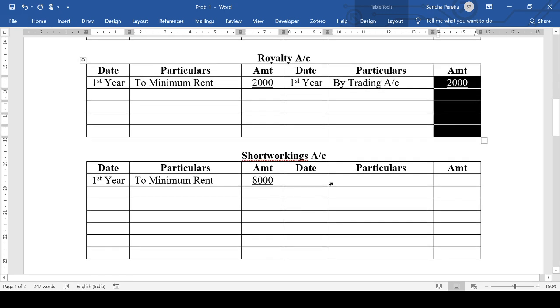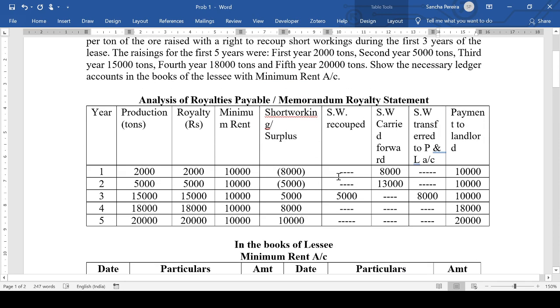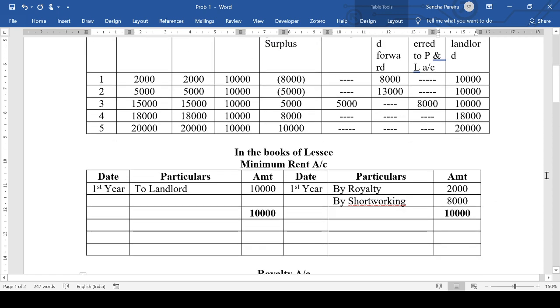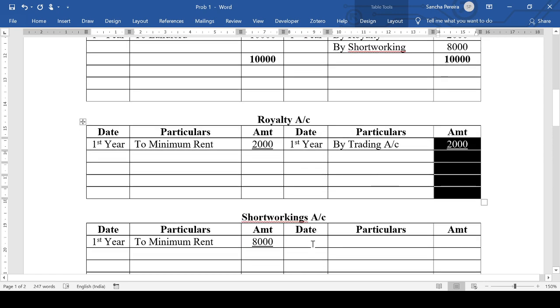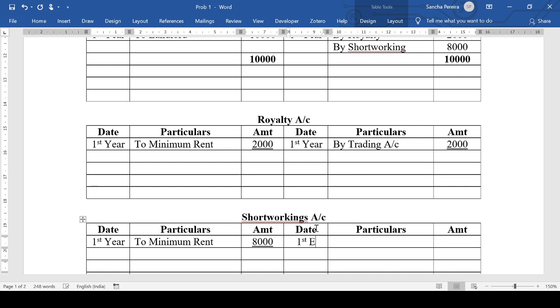Similarly, short working. Now, what are we going to do with this? What have we done with the short working? Carry forward. So it's going to be by balance carried down, which comes from the statement itself. First year, by balance carried down 8,000.